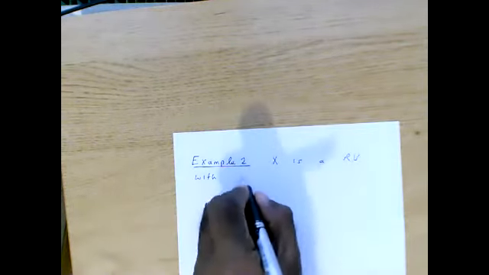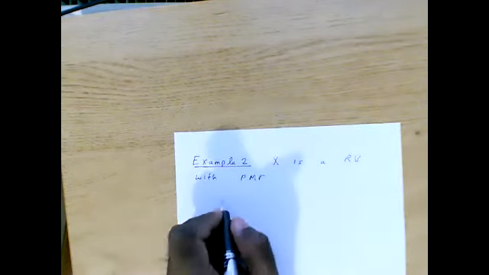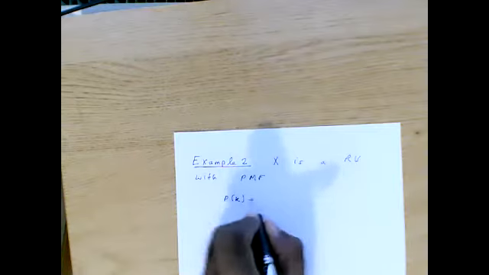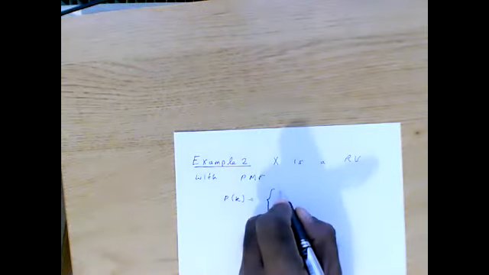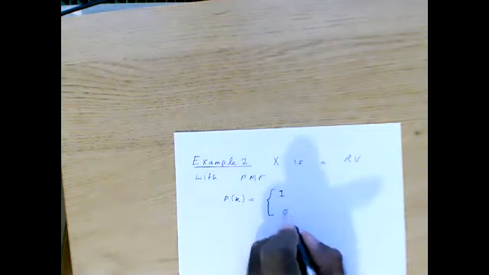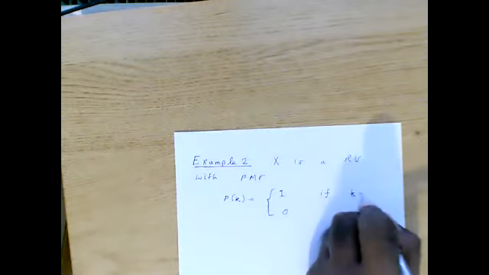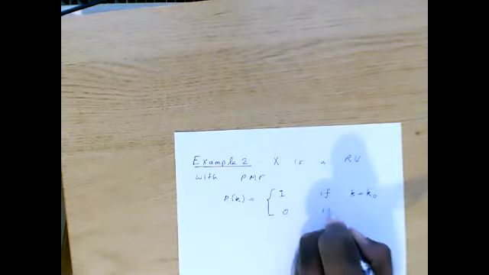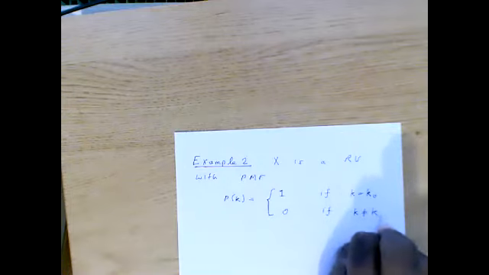Example 2, right? Now in this example, I'm going to suppose the following, that x is a random variable with the probability mass function given by... okay.